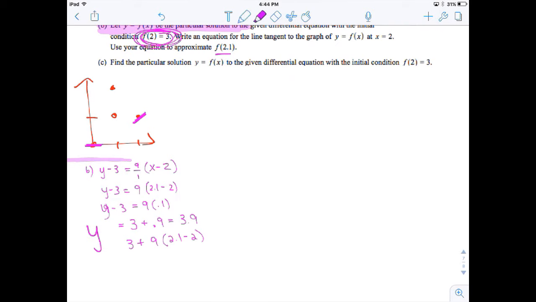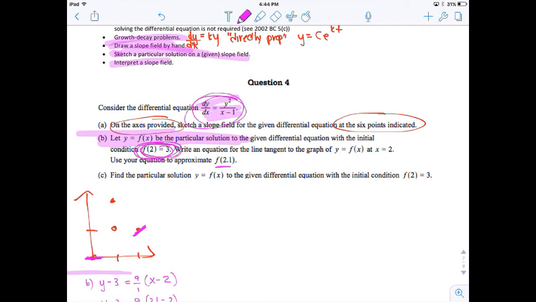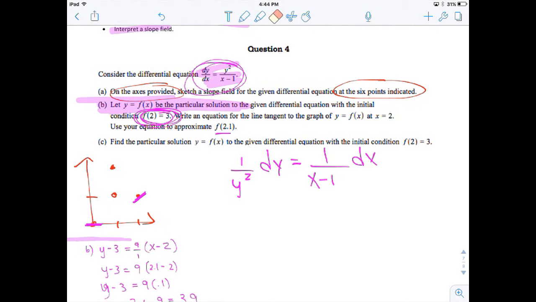Remember that not everything is an ln. It has to be the first power. So this is really y to the negative second. And integrate both sides. So this would be negative 1/3 y, or I'm sorry, I went the wrong way. This would be y to the negative first with a negative out front.